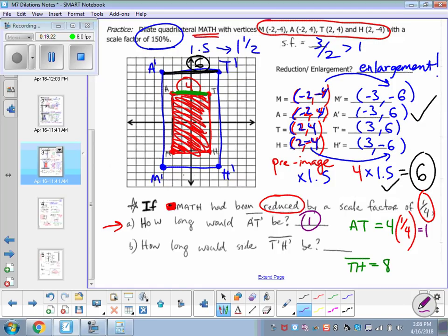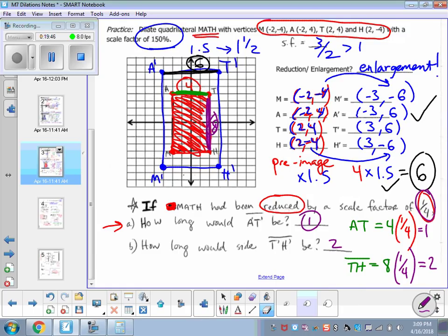Now, how long would side T prime H prime be if we had a scale factor of 1/4 and side TH is currently right here? Side TH is currently 8 units long. If it's currently 8 units and we took 1/4 of that, T prime H prime would be 2 units long.